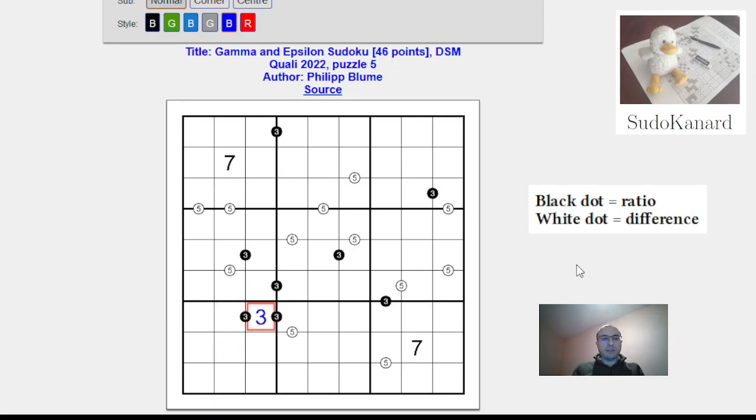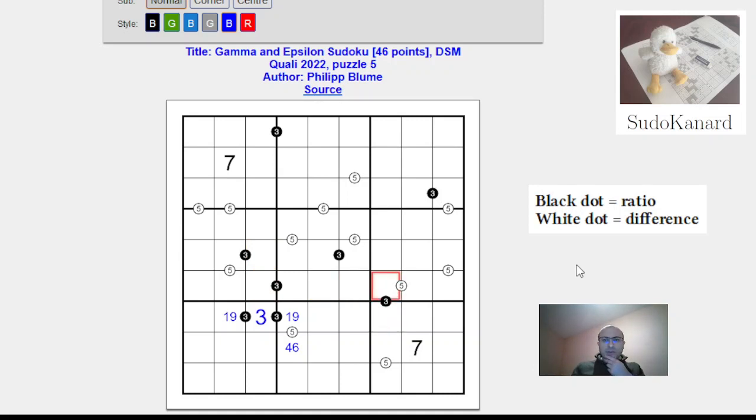So this can only be 3 surrounded by 1 and 9. So with this difference of 5, it has to be 4 or 6. Here it could be, well, basically anything. Where could we look?